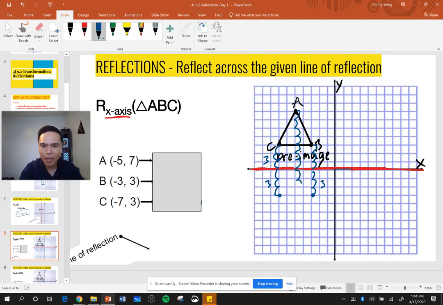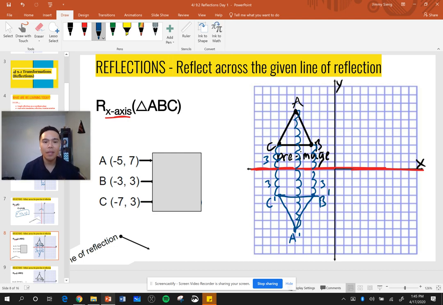So there has to be 7 away. All right. So that's going to be, I'm going to draw this really rough. That's okay. That's going to be the image, okay? We can call that A prime, C prime, B prime.